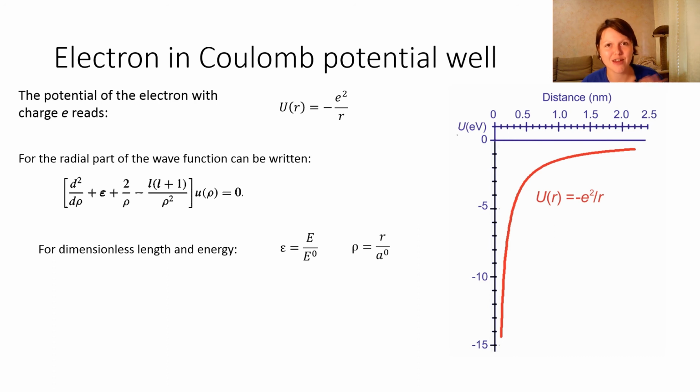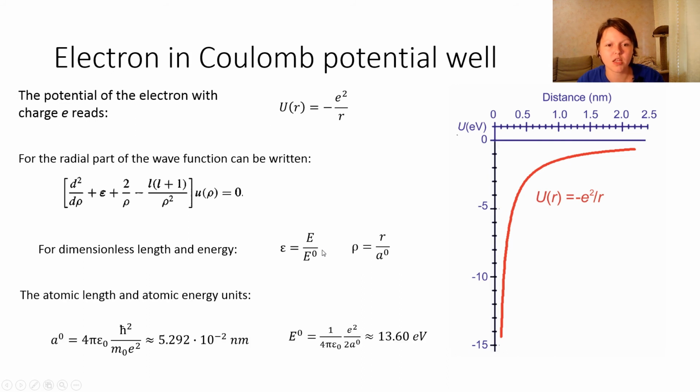But still, we remember that Coulomb potential well is a spherical one, so we should go from the linear arguments to the radial ones, and we can rewrite this equation like this one and use some dimensionless length and energy, epsilon and rho. The values that are written in the bottom of these equations can be called atomic length and atomic energy units.